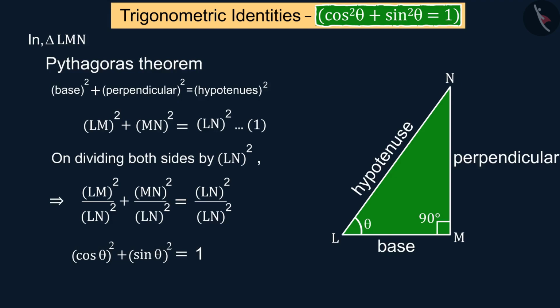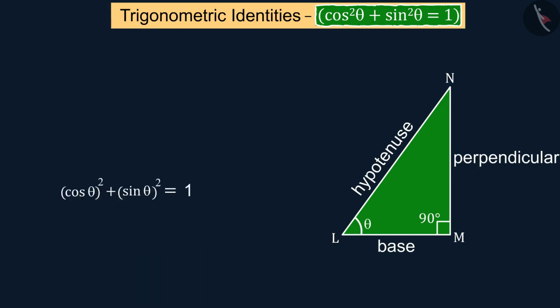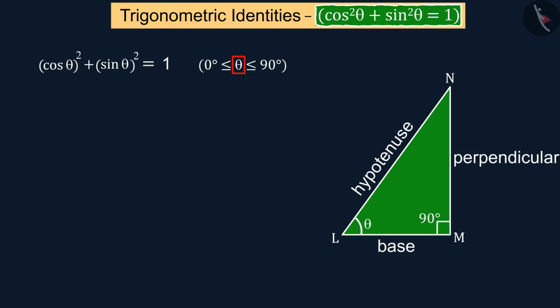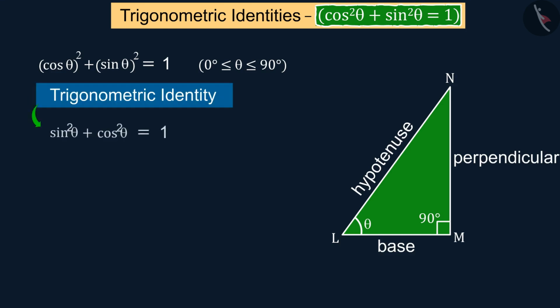So, we can say that the square of cos theta plus the square of sin theta is equal to 1, where the value of theta is greater than or equal to 0 degrees and less than or equal to 90 degrees, which is a trigonometric identity, and it is represented by equation 2.